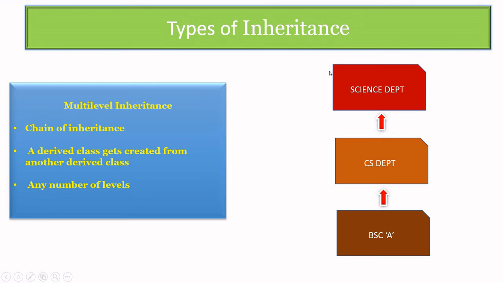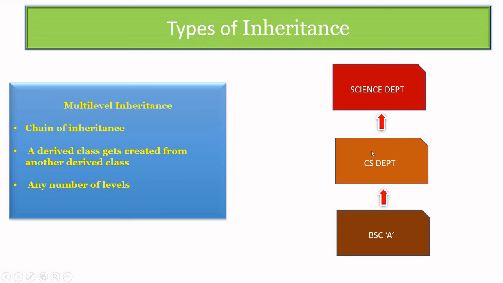As I already told, you have the freedom to create any level when you are implementing multi-level inheritance. A derived class is going to act as a base class for one particular level. When I say this simply, the derived class of one level is going to act as a base class for some other level.